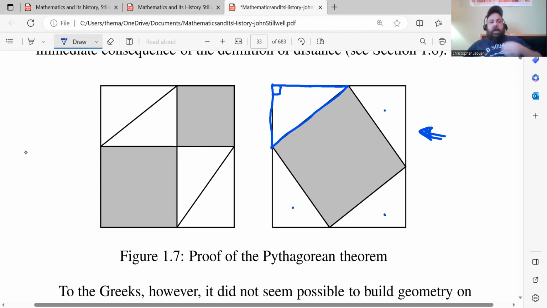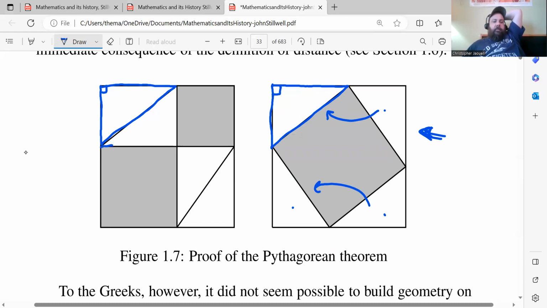All right, but if you rearrange things, then notice what you get. This is the same right triangle that I have drawn on the right-hand side. If you flip this one over, and flip this one over like this, and then flip it around, then you get this picture here.